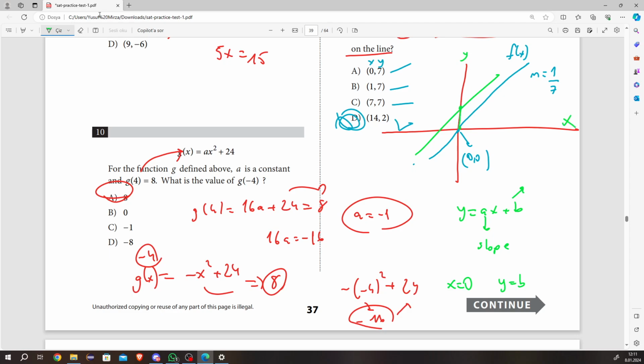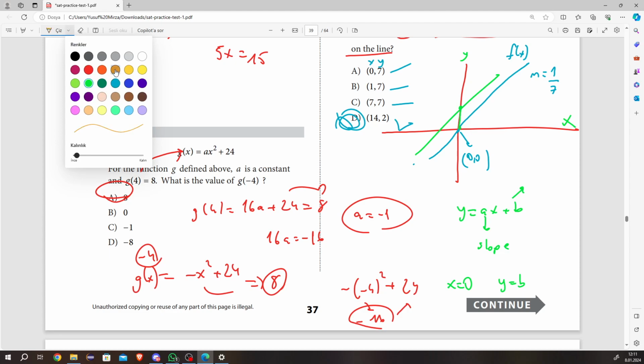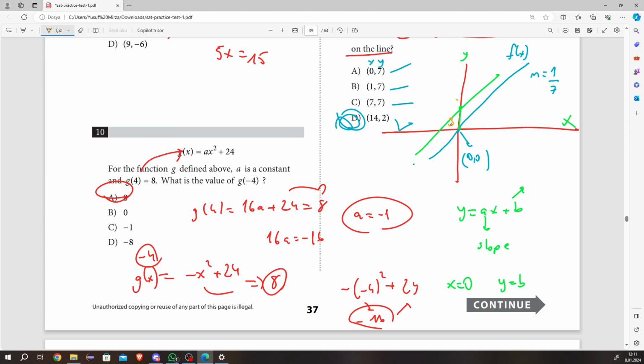For example, let's write the equation for this too. Let's say it's 3, and slope is 1 divided by 2. y equals this, and if we say x is 0, the y is 2, and we should say b is 2. So the equation is here.